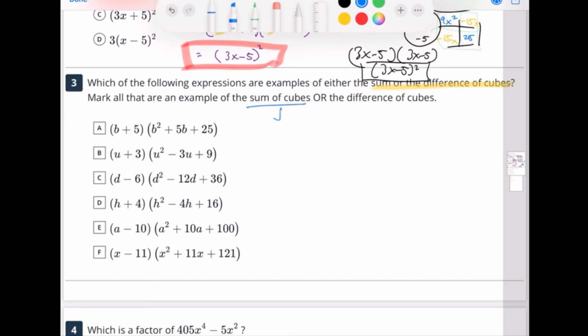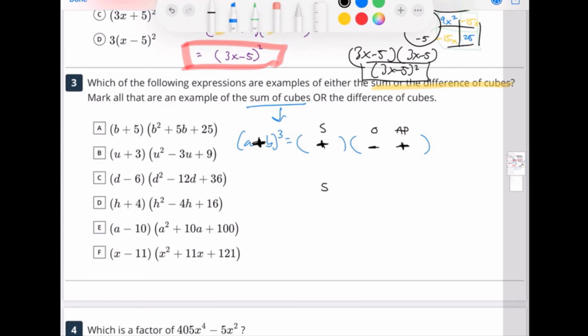The sum of cubes is just a plus b cubed, and this is where I'm going to write it out, is my SOAP. Okay, and then I'm going to highlight this symbol so you can see it. S stands for same, opposite of positive, which is negative, and AP, which is always positive.